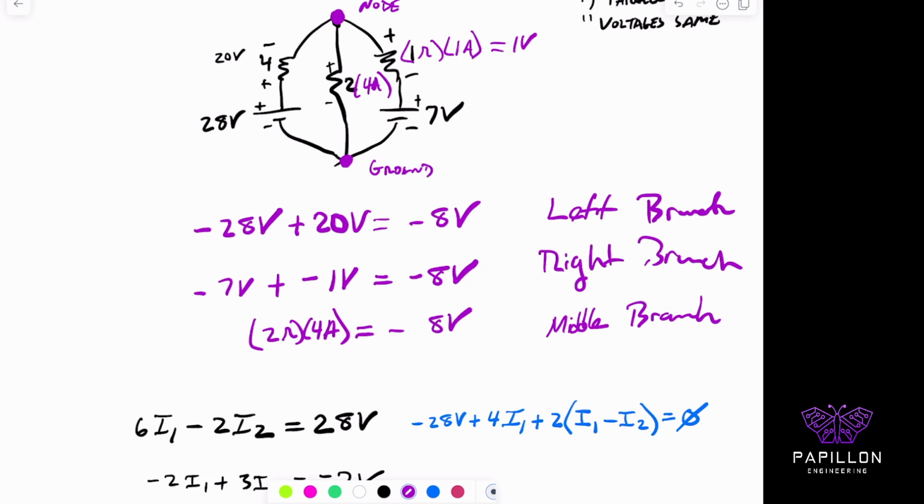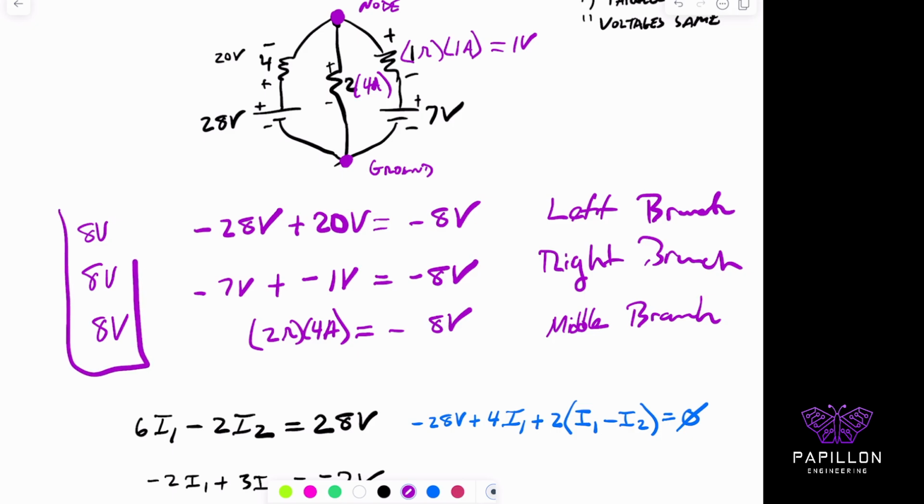So think about that, and hopefully this is starting to be a little more clear on how we would approach it. And again, the minus 8, minus 8, minus 8, you could have also thought of it from the top node down. And if you did, it's the same, so you would be left with 8 volts, 8 volts, and 8 volts.